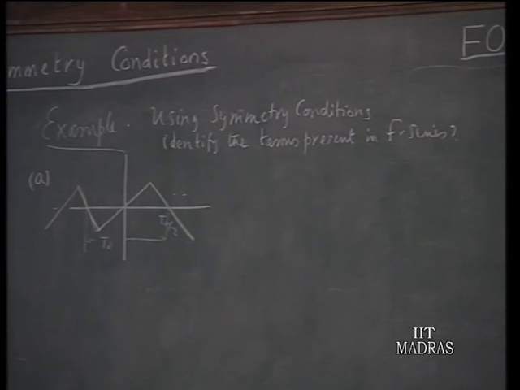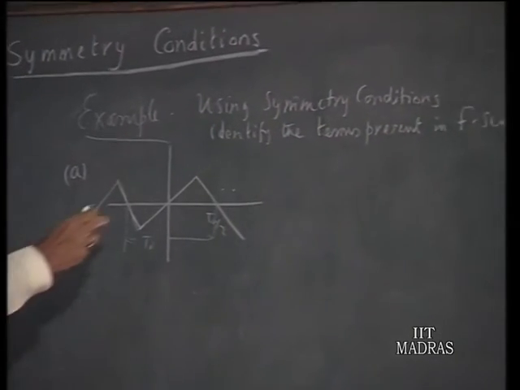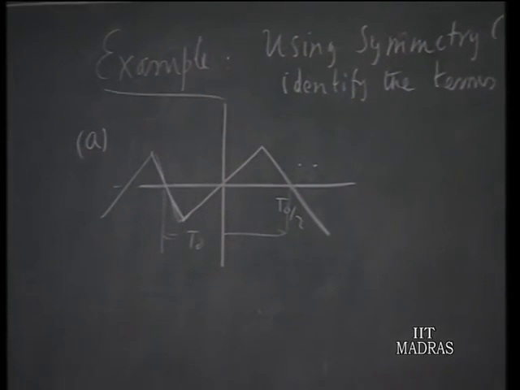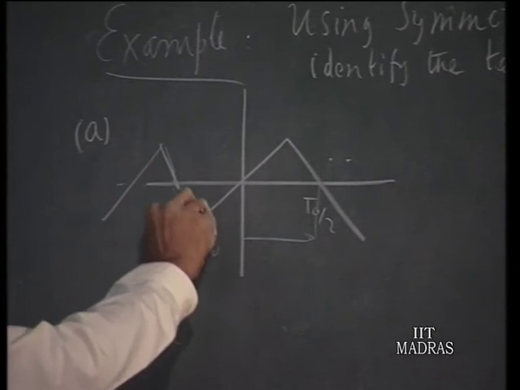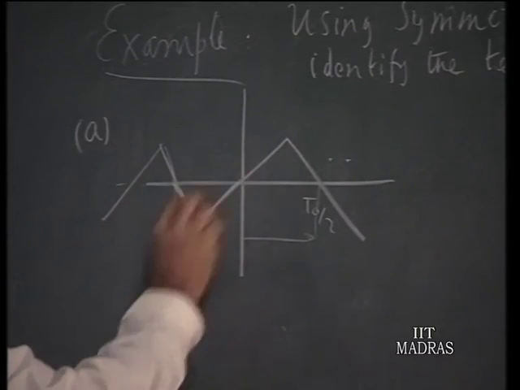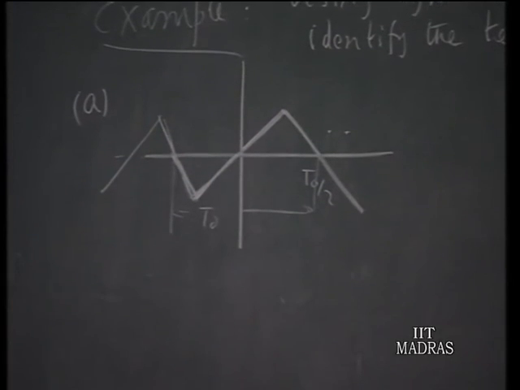So, if this function is there, first of all you can straight away see this is an odd function because f of t equals minus f of minus t, therefore only sine terms are present. And further, whatever waveform you are having here is repeating in the next half cycle with a reverse sign. Therefore, this has the half wave symmetry of the type which we have talked about.